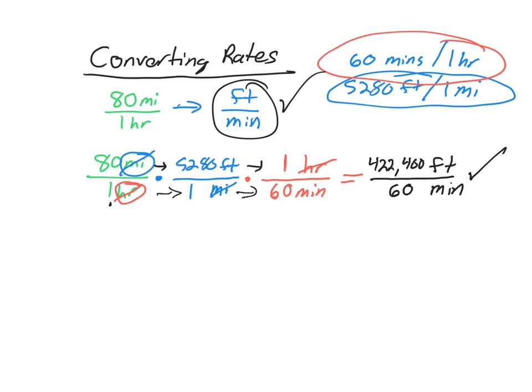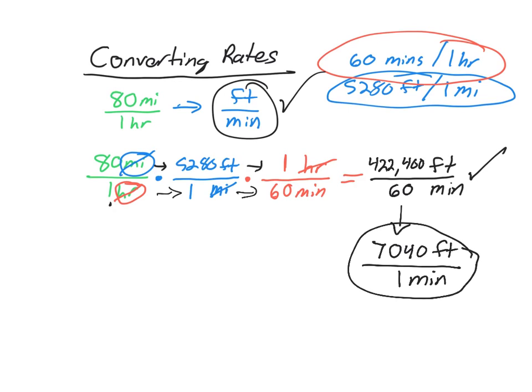Now, I have an answer, but I always want to make sure that I have fully simplified fractions. So in order to do that, I divide the numerator by the denominator. So I'm dividing 422,400 by 60. And I'm going to get 7,040 feet per 1 minute. And there's my final answer.